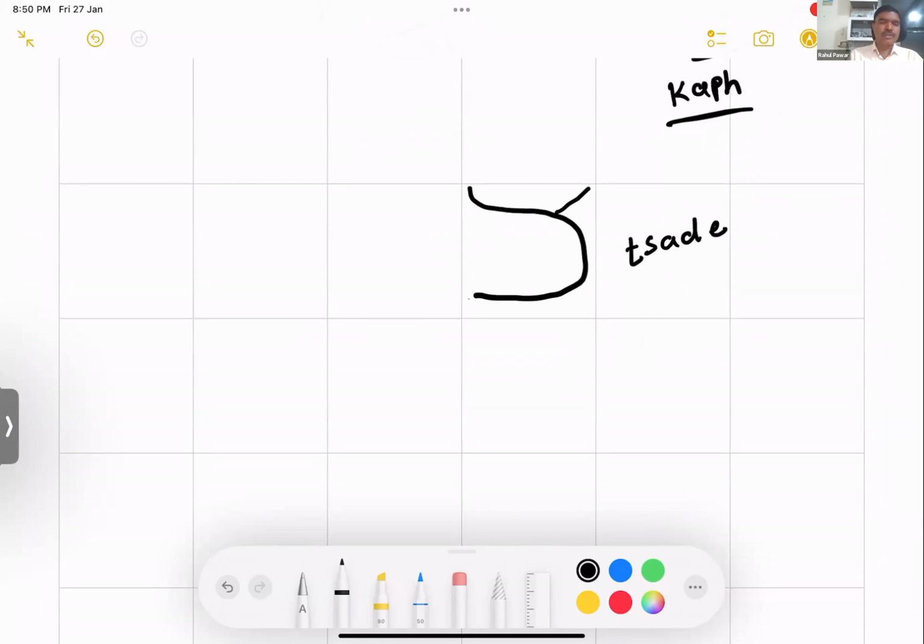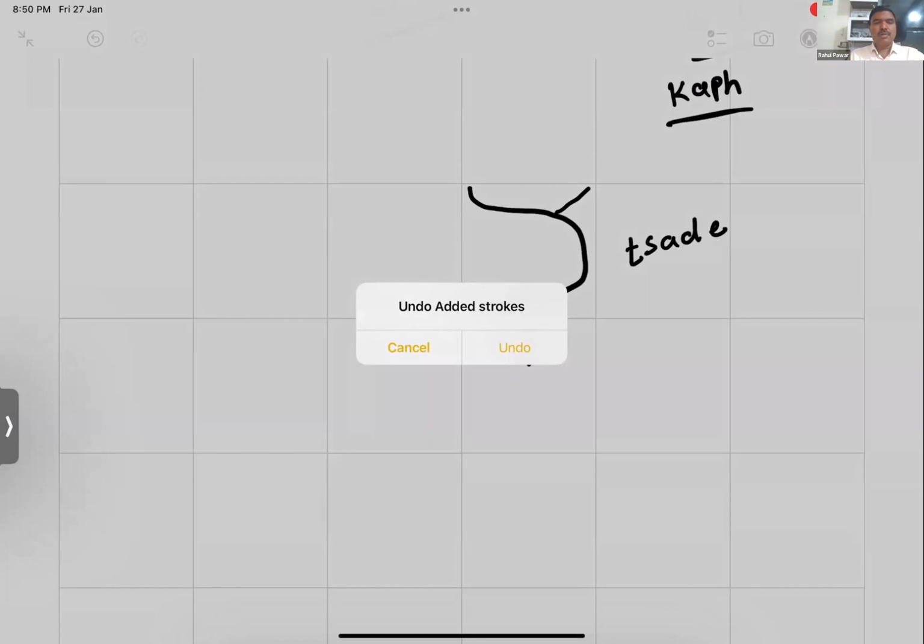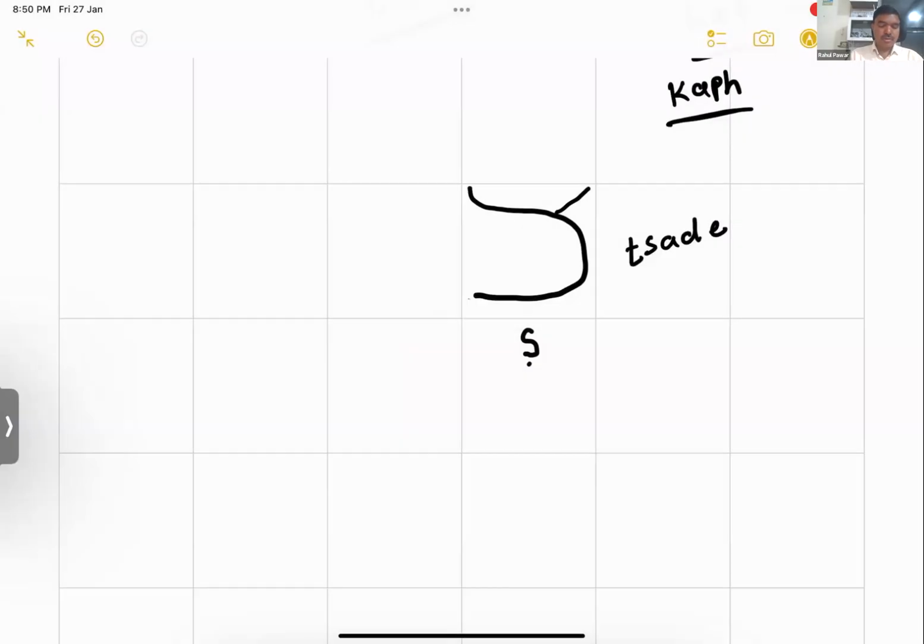Now, in English transliteration, under S there is a dot. So this also comes under the category of sibilant, one more letter which gives an S sound.